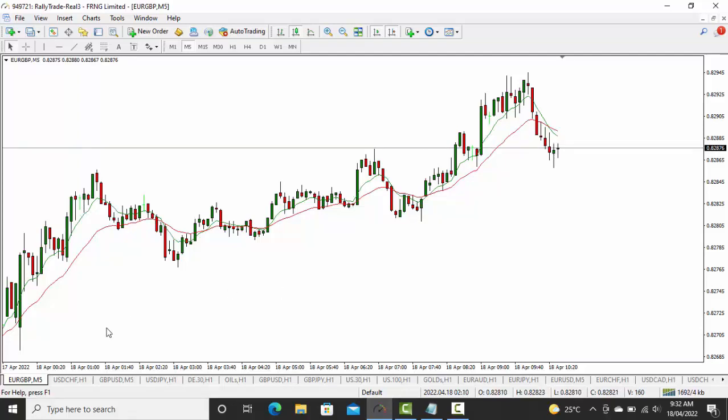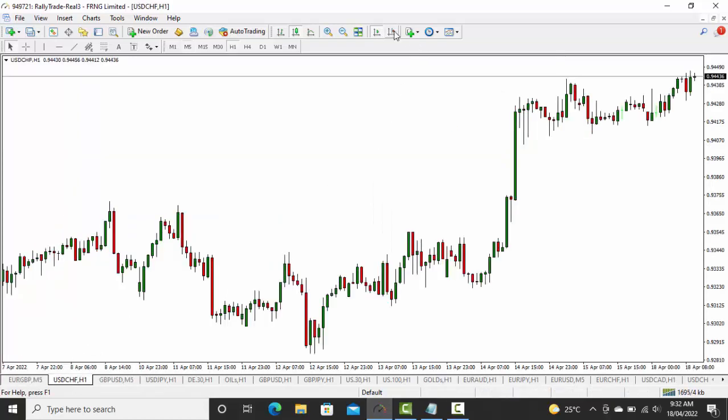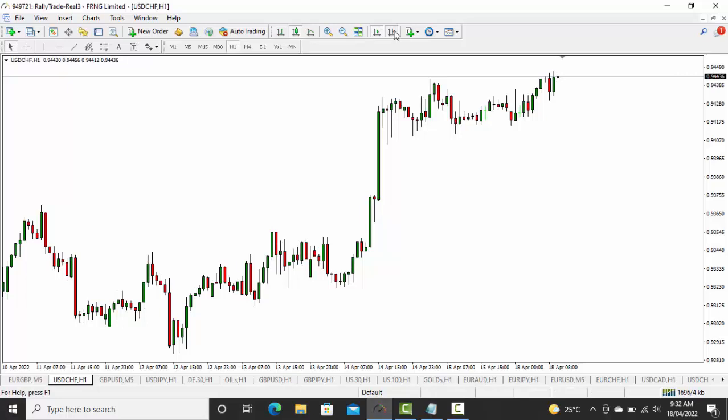So let's move now to USD CHF. Okay, so this is the chart of USD CHF also on our anchor chart. Our anchor chart, we should not forget, is the H1 time frame. 1 hour time frame is always our anchor chart. And I'm currently on my anchor chart now.